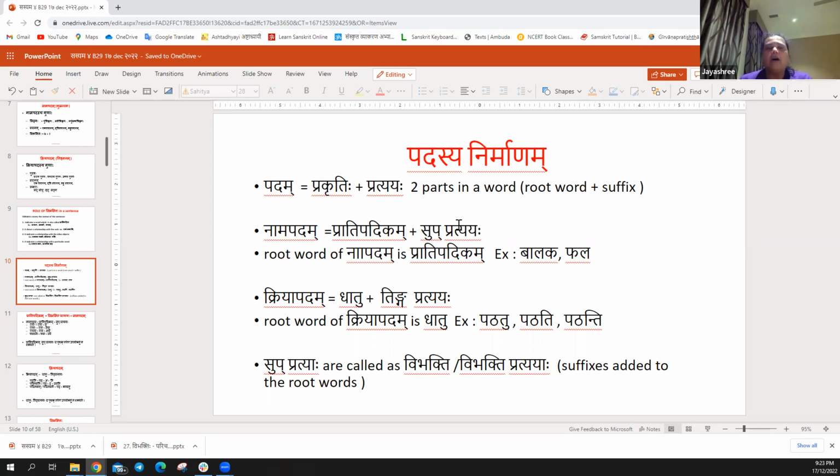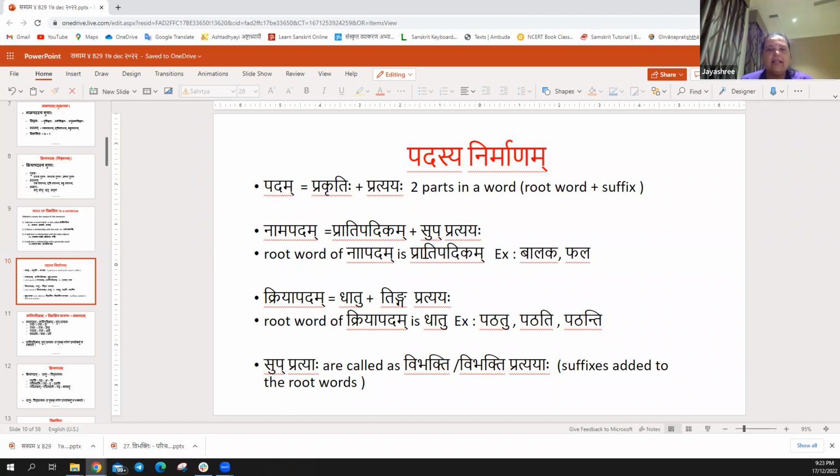Okay, so a word in Sanskrit has two parts. One is the root word and one is the suffix. All right. So what happens here? Namapadam is Pratipadikam plus Supratyaya. So Prakritihi in Namapadam is called Pratipadika.